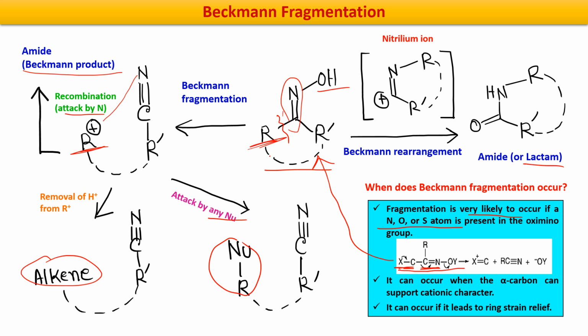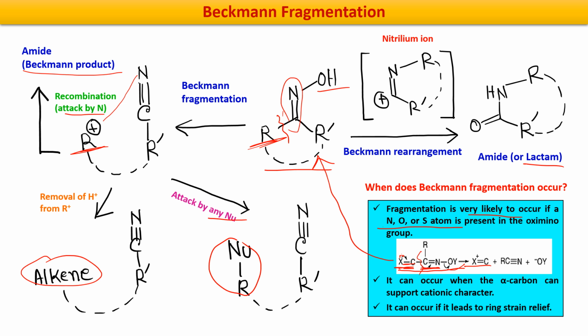If in this R you can imagine there is a heteroatom attached to carbon, which can be nitrogen, oxygen, sulfur, then this lone pair can be pushed to the right hand side. There will be X=C, and in this case this C-C bond is broken and this is a leaving group as it is.